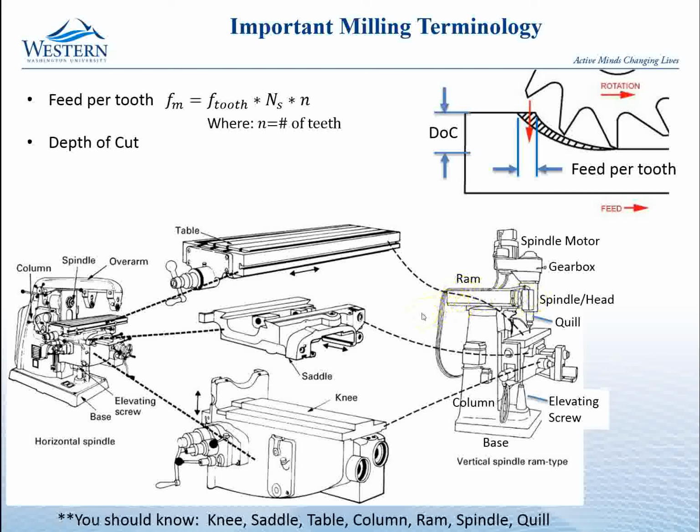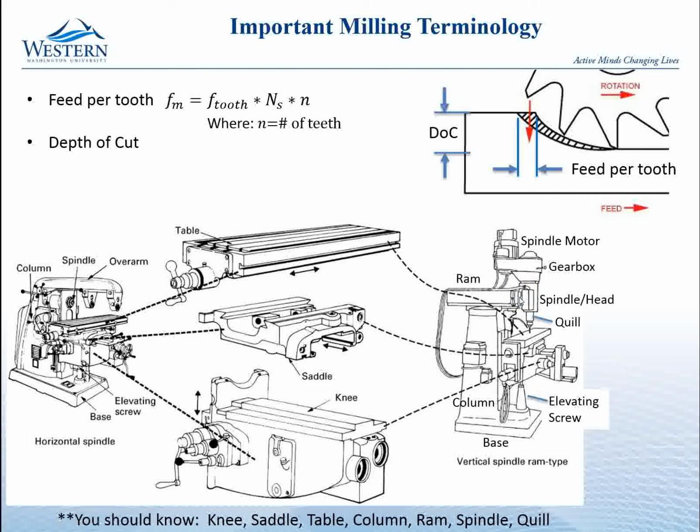So we haven't used this at all in the lab, but these are very versatile machines, and so this ram can extend forward or it can retract back depending on whether you need it sticking way out so you can work on a big part, or you need it back in tight so there's not much deflection. Also, the spindle head can rotate in 2 different directions around the ram.